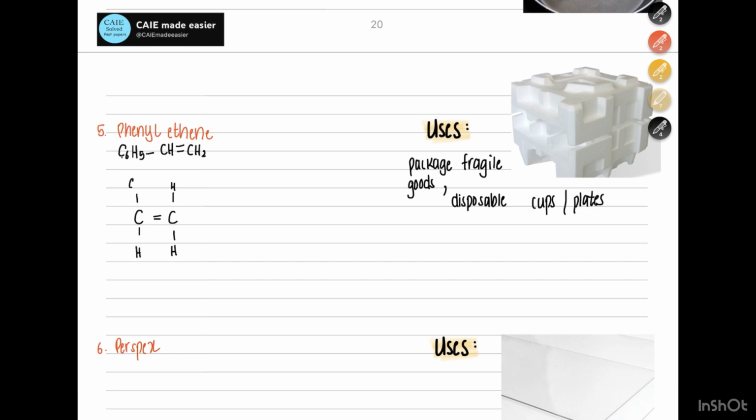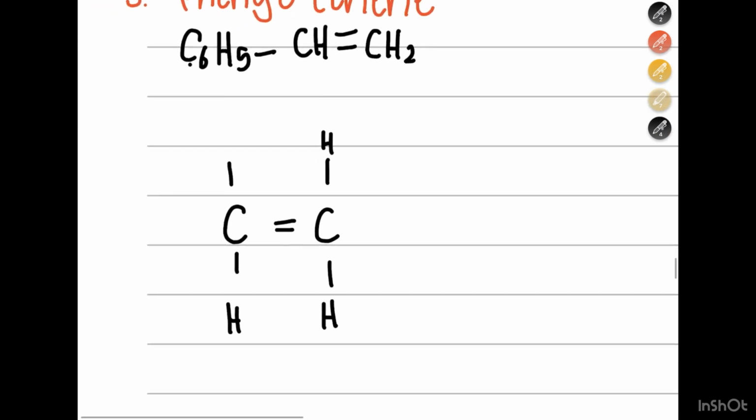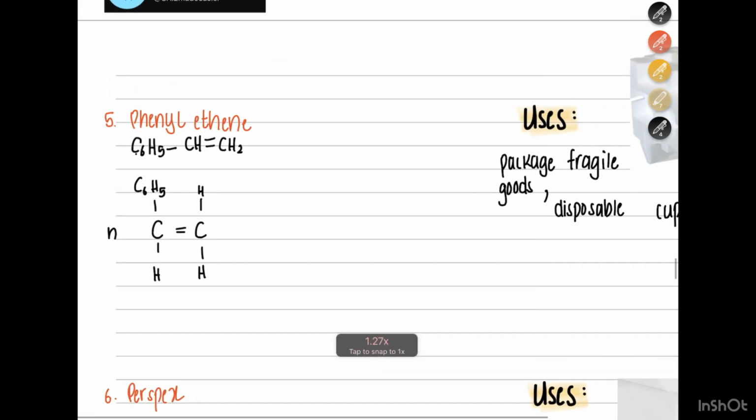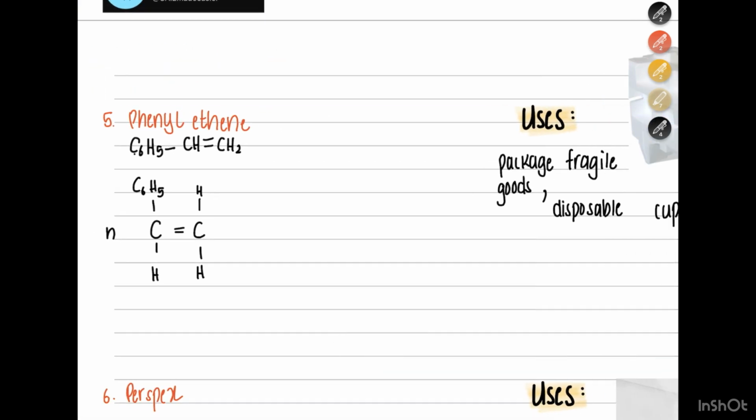This C6H5 is the phenyl group. The rest is ethene. So we have n number of phenylethene. They undergo polymerization to form polyphenylethene.